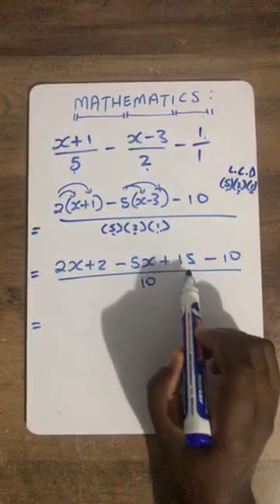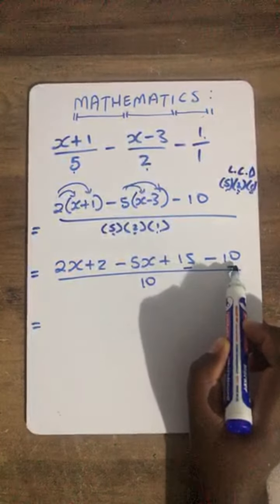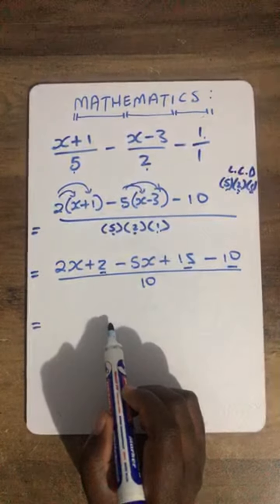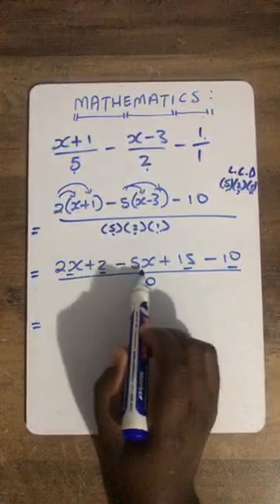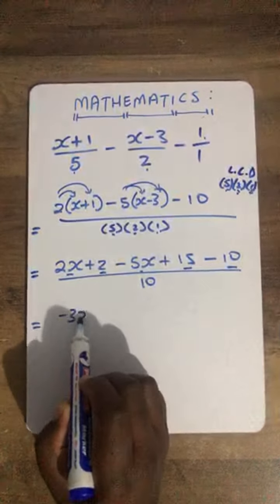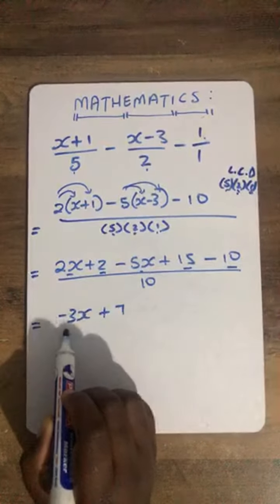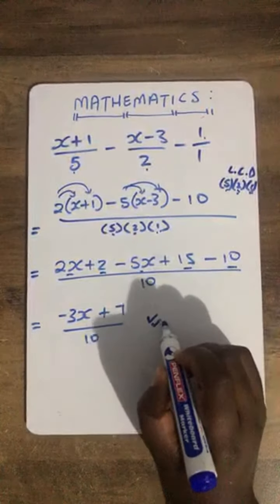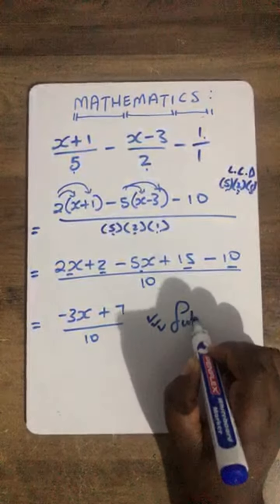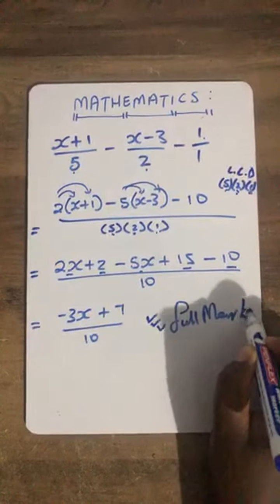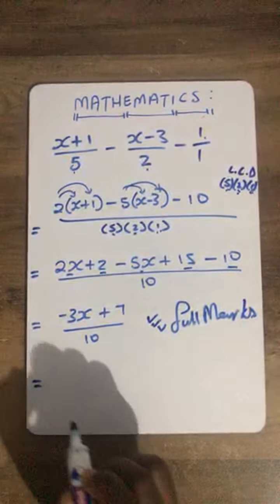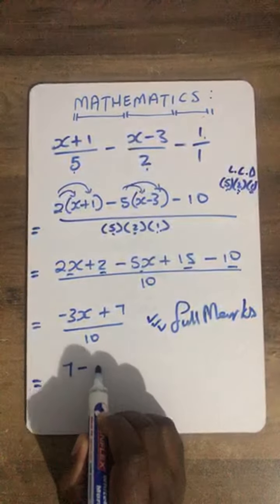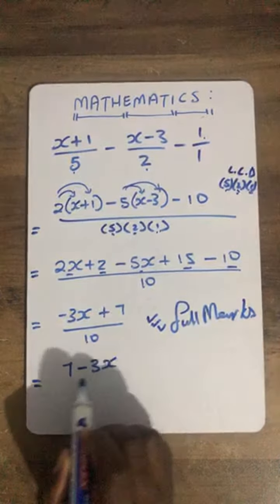And then you have 15 minus 10, which is 5, plus 2, it is 7. And that, it gives you negative 3. So it's like you have negative 3x plus 7 over 10. This is what you guys did, and you will get full marks. But I'm just saying, to show that you come out of good hands, you can just decide to rewrite it as a positive that.